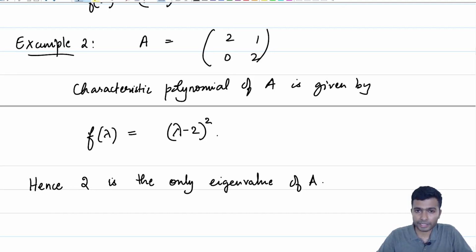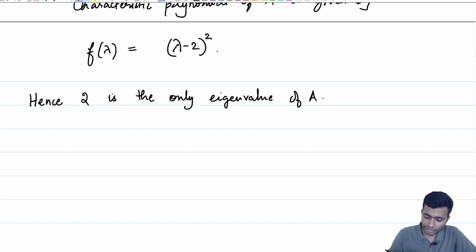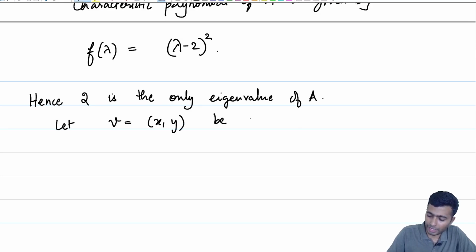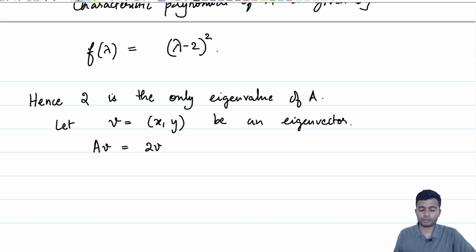So let us see if it is diagonalizable, or let us try to get hold of a basis consisting of eigenvectors of A. How are the eigenvectors of A going to behave? Let v equal to x y be an eigenvector. That implies that A times v should be equal to 2v. That is how it should behave.